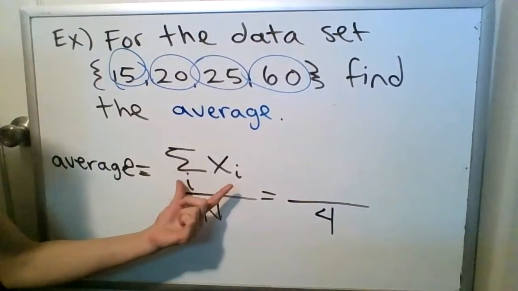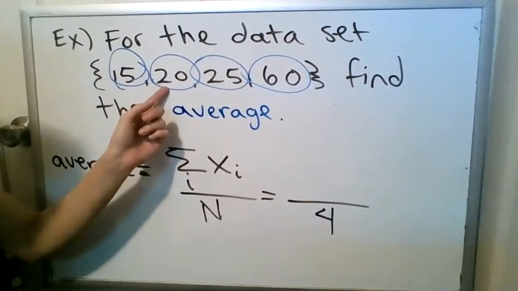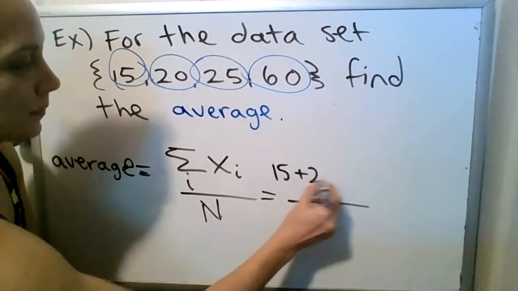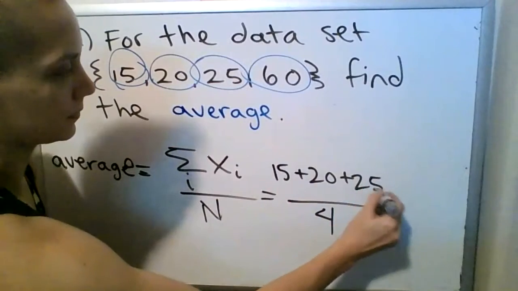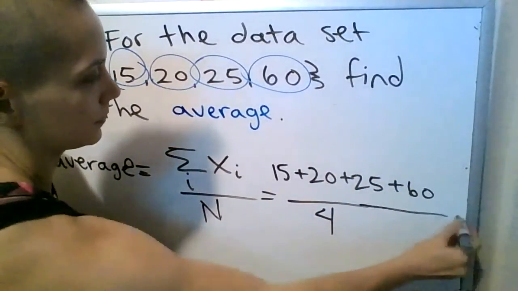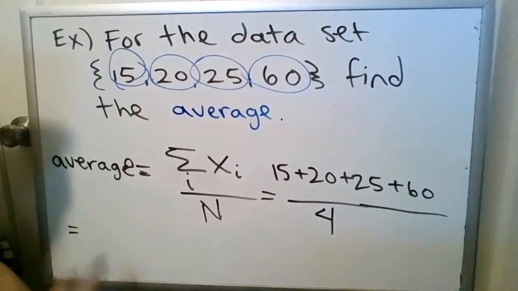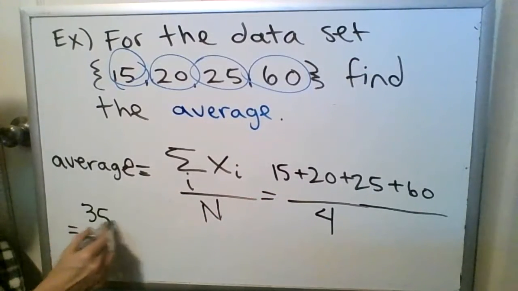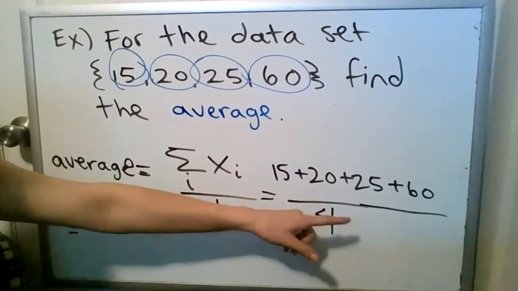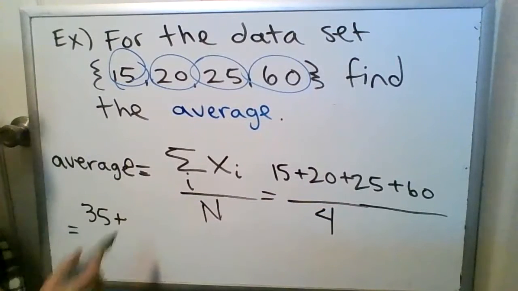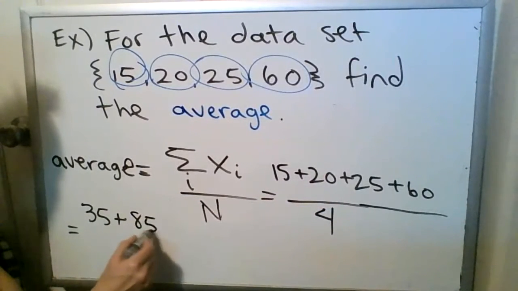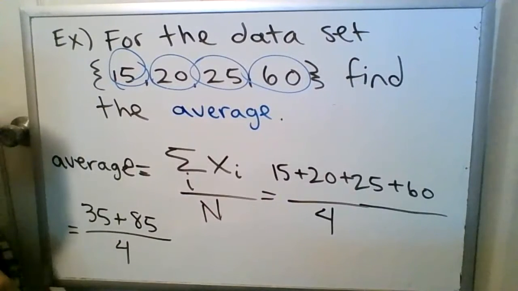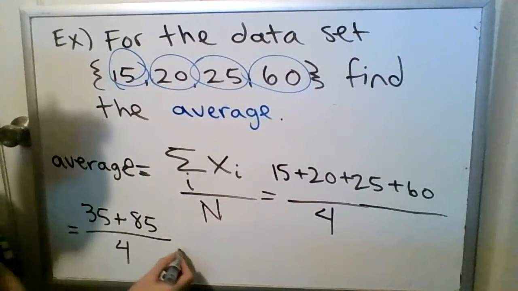And then the sum of all the data values is 15 plus 20 plus 25 plus 60. So this is 35 and 85, so 120, over 4. So 120 over 4 is going to equal 30.